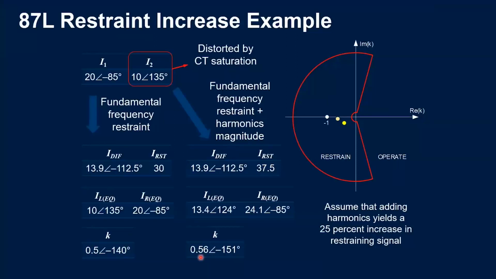In this case, 0.65 angle minus 151. So this point is plotted here in the alpha plane. So as you can see, we went from here, if we take no actions at all, but if we do the harmonic restraint compensation, we end up with an operation point which is closer to the ideal blocking point.